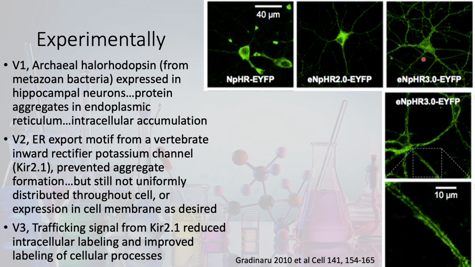So in version 3, now we can see a drastic reduction in intracellular accumulation compared 2 to 3 here, and we see excellent labeling of these dendrites or axons in our cultured hippocampal cells. And then if we zoom in, you can actually see the columnar structure of this axon or dendrite here.